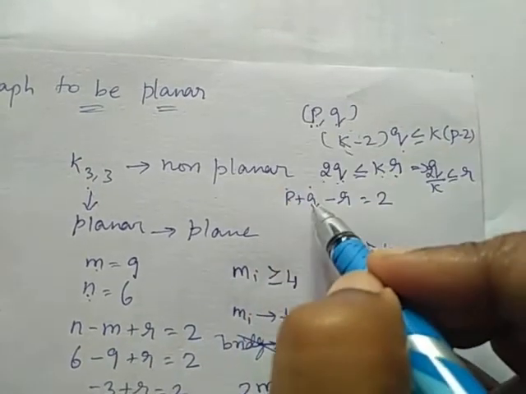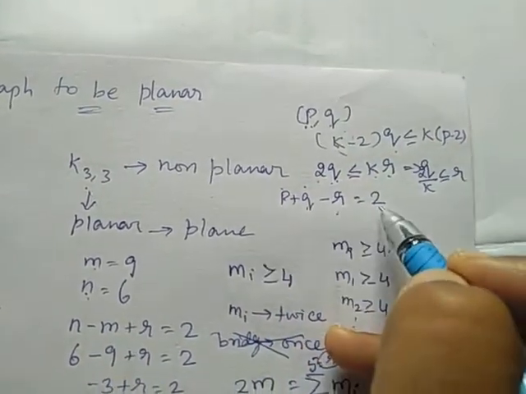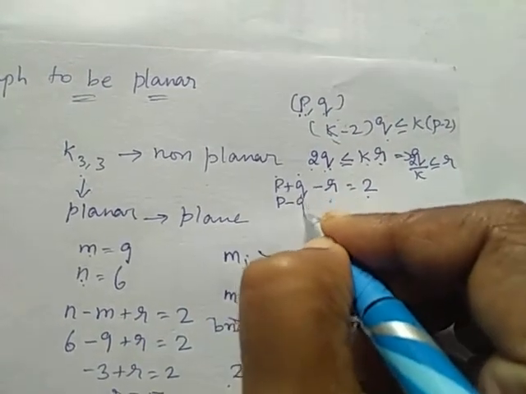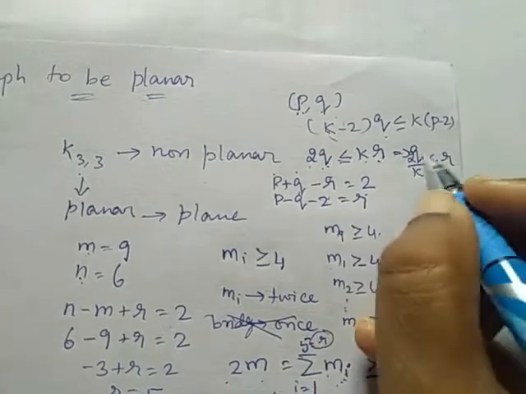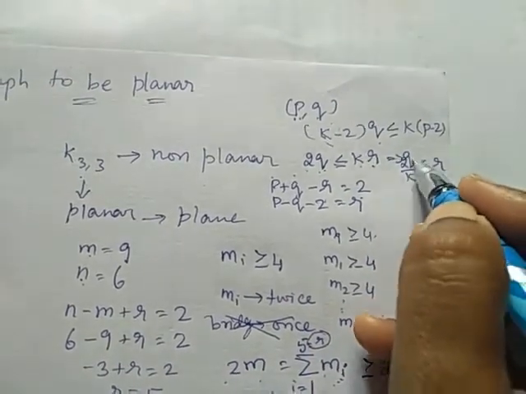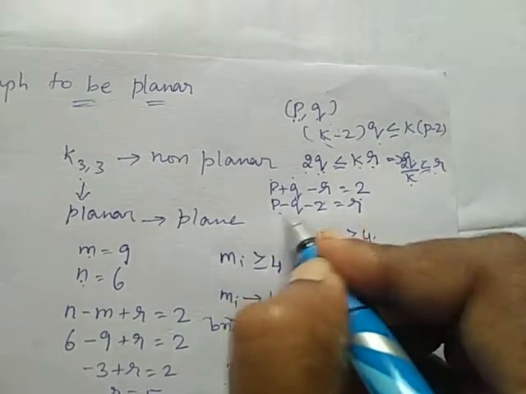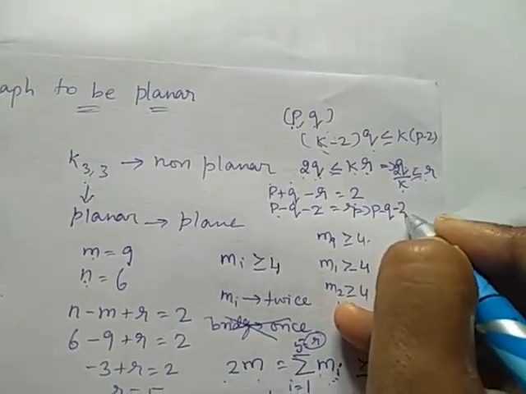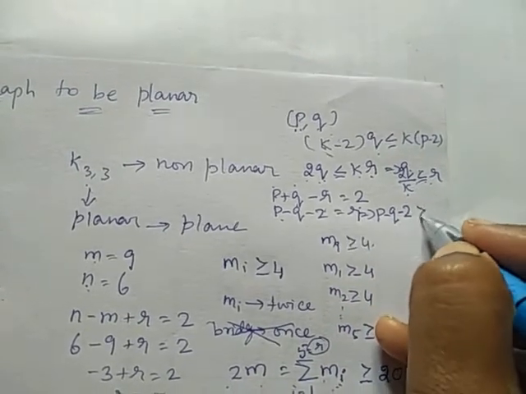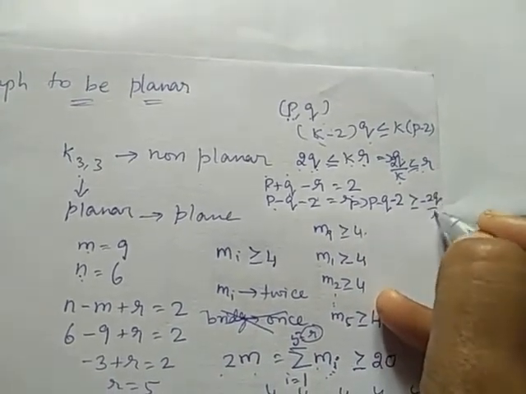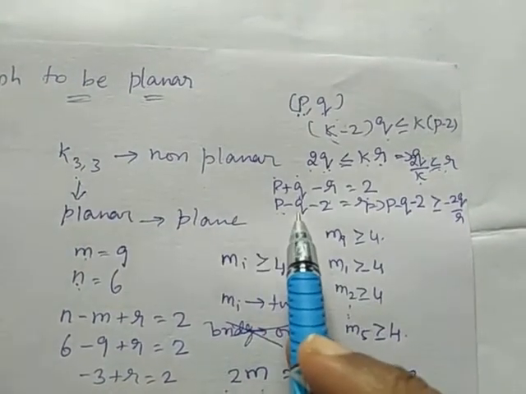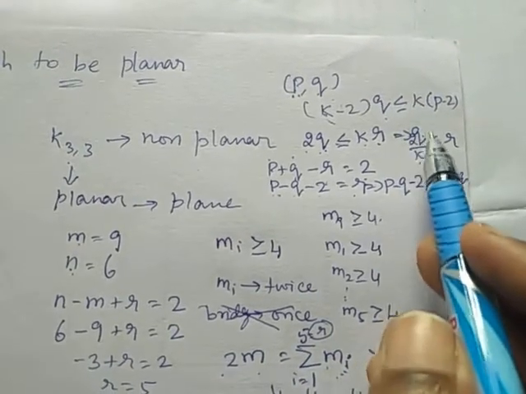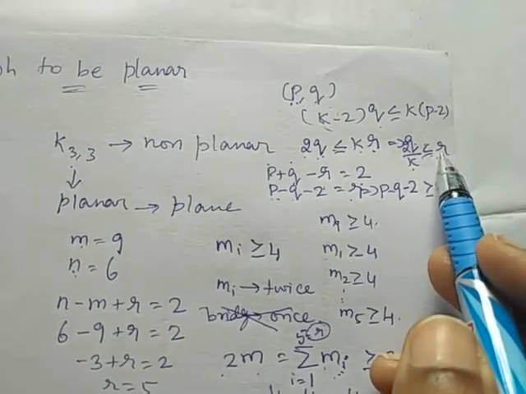Here n is P and m is Q. So P minus Q plus R is equal to 2, giving R equal to 2 minus P plus Q. And R is greater than or equal to 2Q by K, so this value is less than or equal to R.